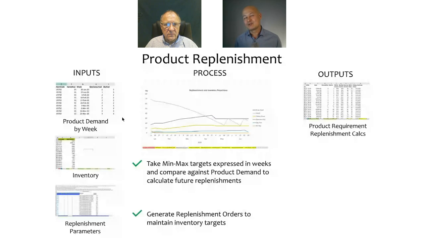When we say weeks, what we're looking for is an actual calculation of how long that inventory will last based on future demand. So if we've got 2 weeks of inventory and we're increasing that to 3, we're not just adding 50%, we're looking at what the demand is in that 3rd week, and calculating that as being the quantity.